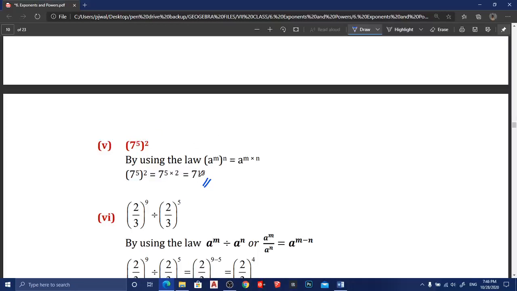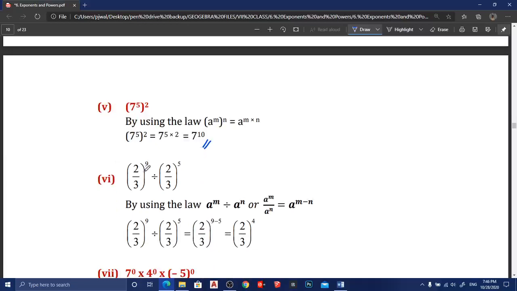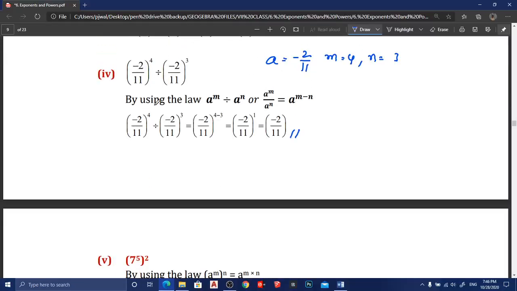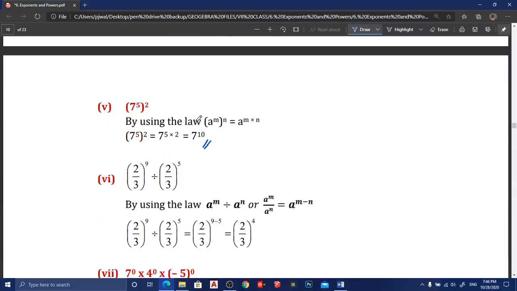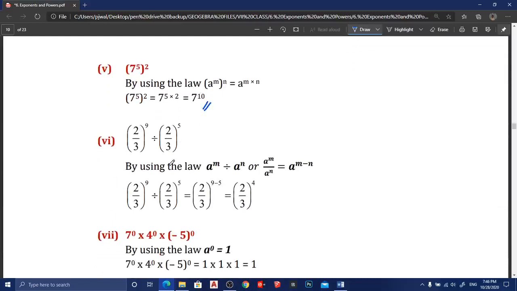Okay. So next, 2 by 3 to the power of 9 divided by 2 by 3 to the power of 5, which is given in this form, fourth problem. Okay, here also bases are given in the form of fractions and powers are different, and division is there here. Division means subtraction formula you have to use. Okay, a to the power of m divided by a to the power of n means what here? A to the power of m minus n.